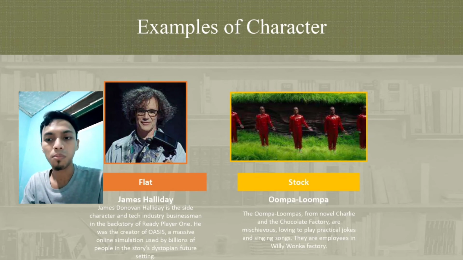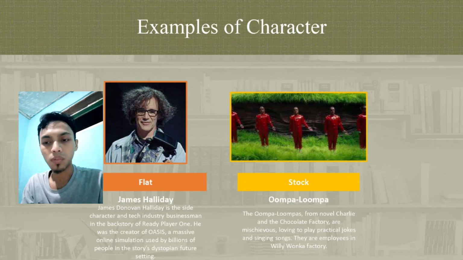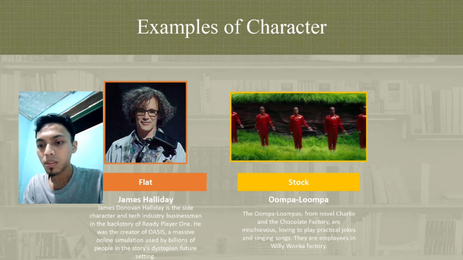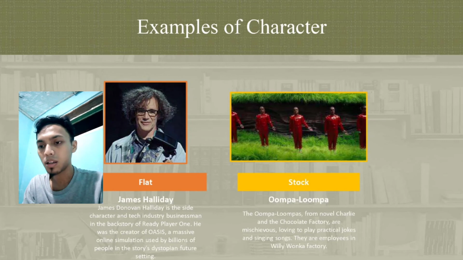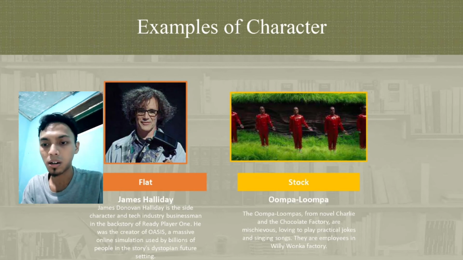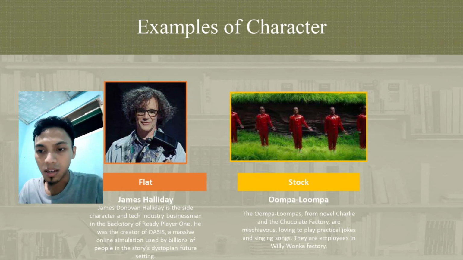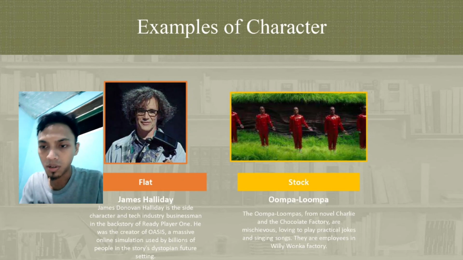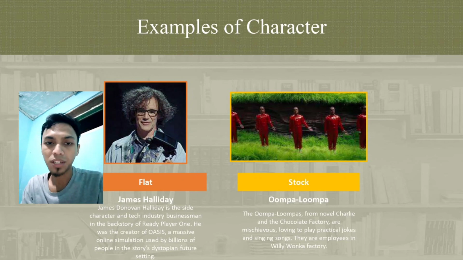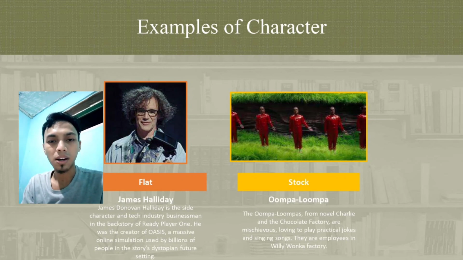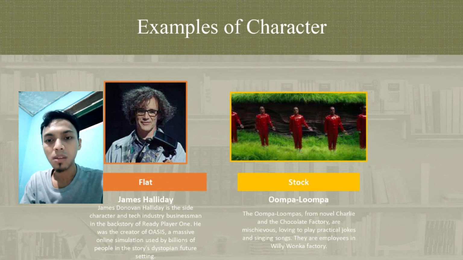They are the Oompa Loompas. The Oompa Loompas are characters in the movie and novel of Charlie and the Chocolate Factory. The Oompa Loompas are mischievous, loving to play practical jokes and also singing songs. They are employees in Willy Wonka's factory. That is why the Oompa Loompas are really recognizable for the readers, because they have a really unique character.